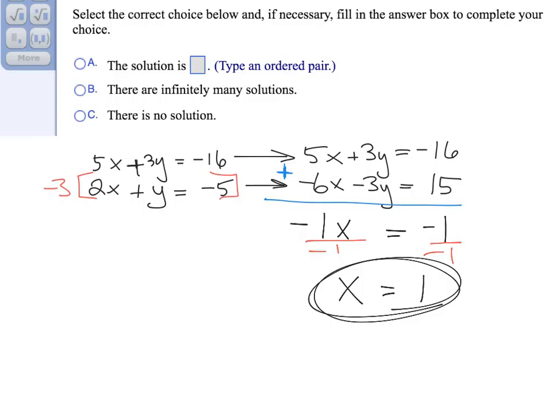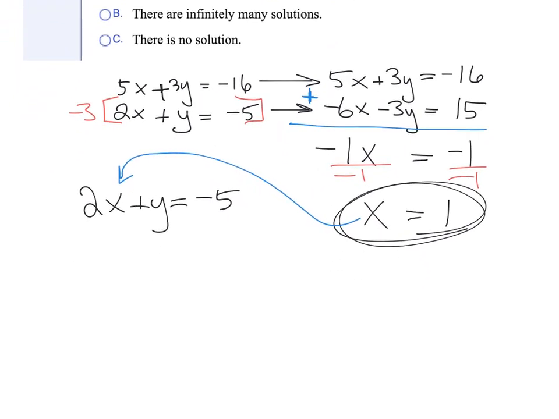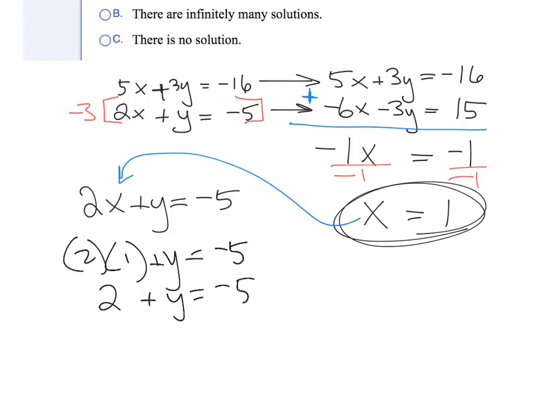There you go. So now that we know that x is equal to positive 1, you choose any one of these two lines, and it doesn't matter which. So let's choose the simple looking one. So that's 2x plus y equals negative 5. And then we know that wherever you see an x, you replace it with a 1. And so that becomes 2 times 1 plus y equals negative 5. So that's 2 plus y equals negative 5.